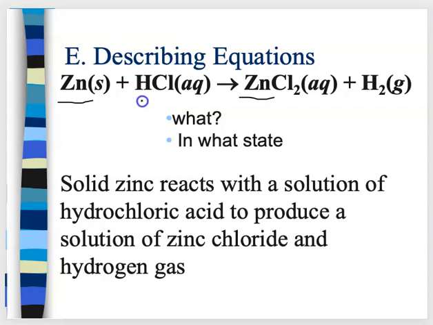I've got 1 hydrogen on the reactant side, but I've got 2 hydrogens on the product side. I have 1 chlorine on the reactant side and 2 chlorines on the product side. So this does not meet the law of conservation of mass, and the Edpuzzle you guys are going to watch is going to describe how to do something that's referred to as balancing the equation so that it meets that requirement.